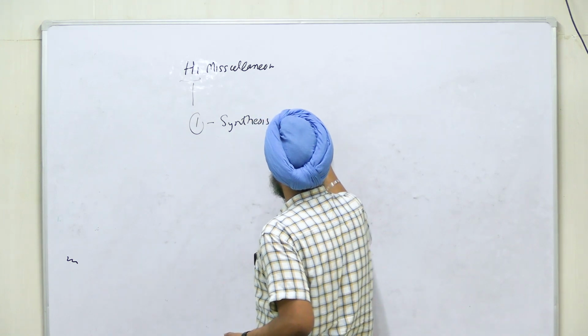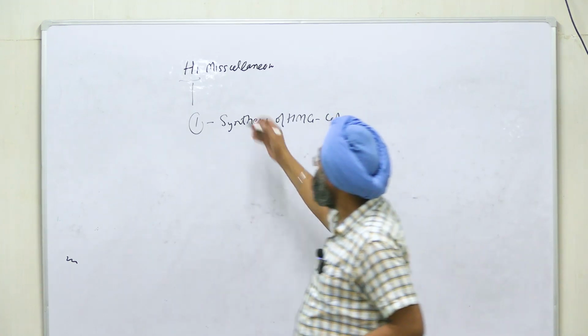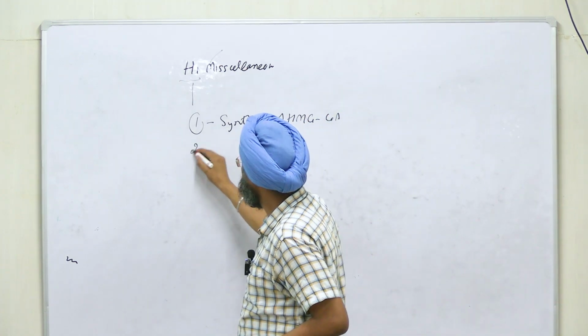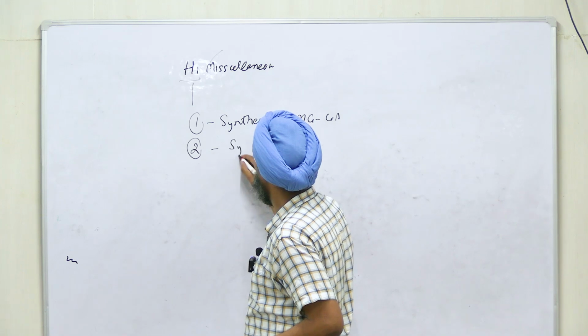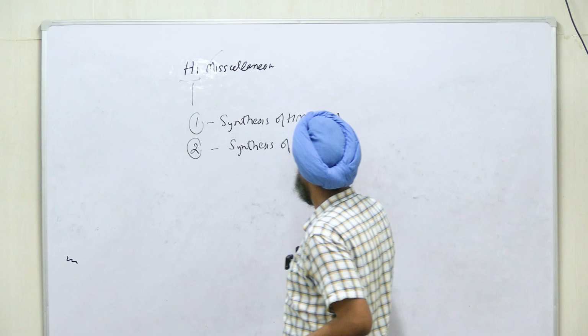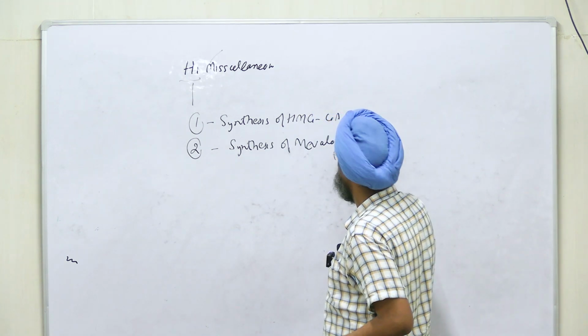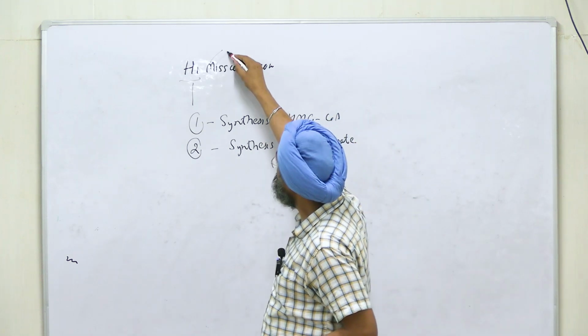HMG CoA. Then M is the second step. It is synthesis of mevalonate. Then I comes.